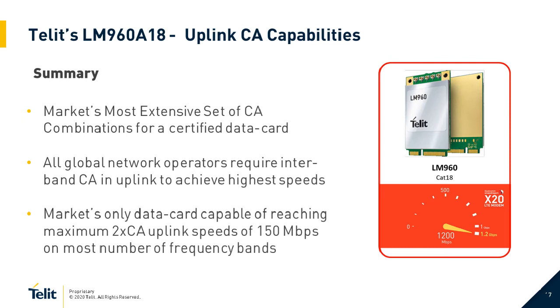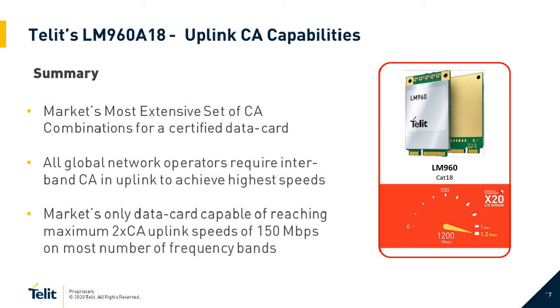They did implement intraband. Okay, so in some cases that does work, but in most of the cases, when you need to combine two different bands, the Telit LM960A18 is the only data card on the market which is capable of reaching 150 megabits per second in the uplink.